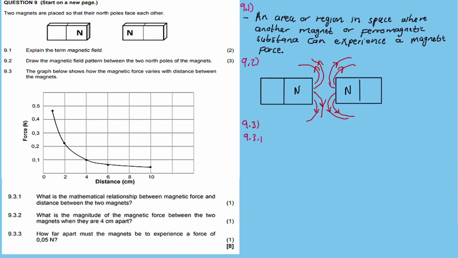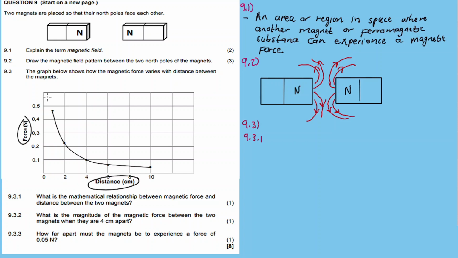9.3.1. But what is the mathematical relationship between magnetic force and distance between the two magnets? Okay, I believe there's two graphs okwamele understand la. Asikhombisa an important mathematical relationship between two variables. For instance, in our case, lava CP force versus distance. The graph is doing a curve nyana, like a hyperbolic function.